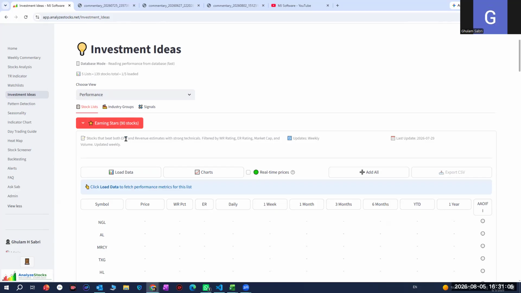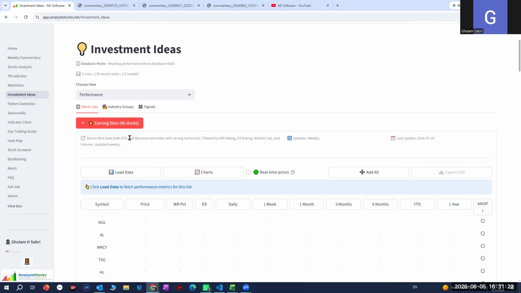Stocks that beat both EPS and revenue estimates. So twice a week, today I will update it. Like SanDisk has announced its results today, correct? AMD, for example, yesterday, maybe Eli Lilly yesterday.